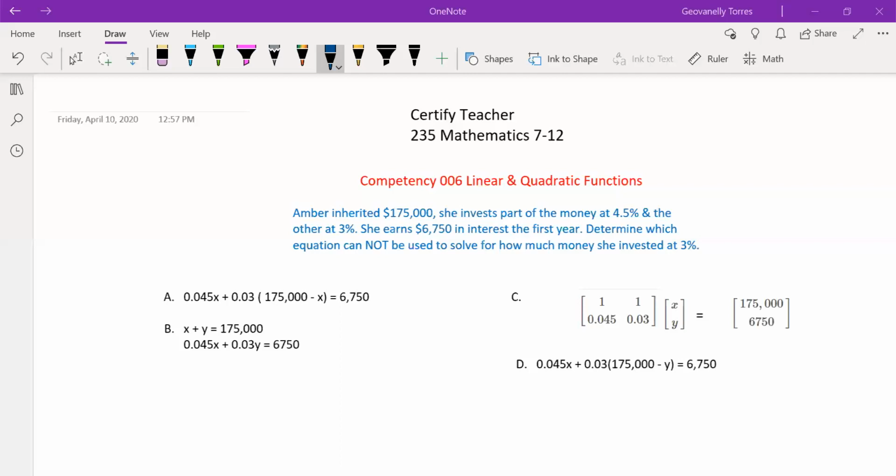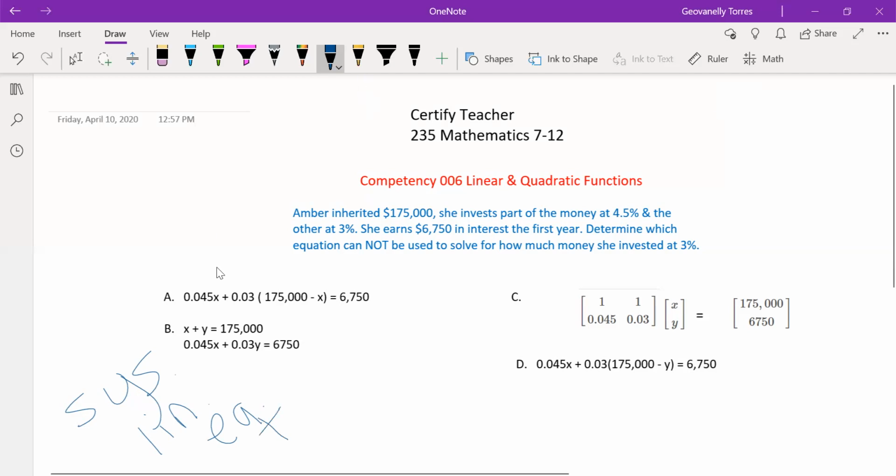So if we look at this, we notice that this is a system of linear equations, where here we have the variables x and y.